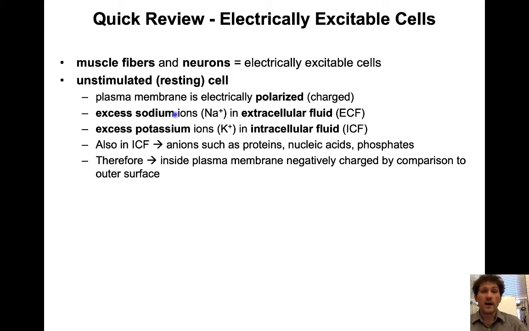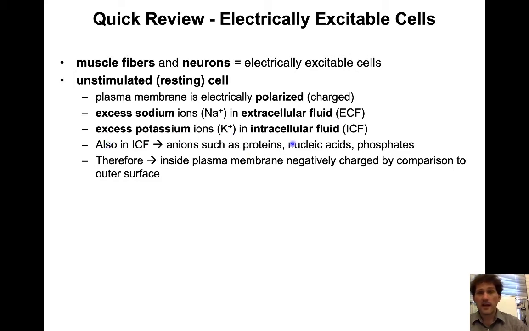We have a higher concentration of sodium outside of the cell, and a higher concentration of potassium inside of the cell. Remember, we have our sodium-potassium pump using ATP to drive that and move these ions up their concentration gradients, and the higher concentration is going to create that potential, that current when those ions move through those channels.